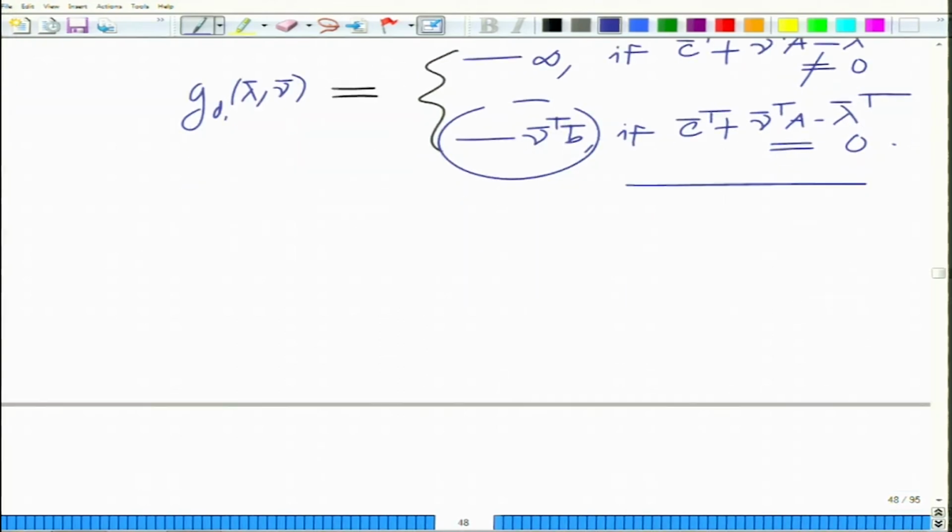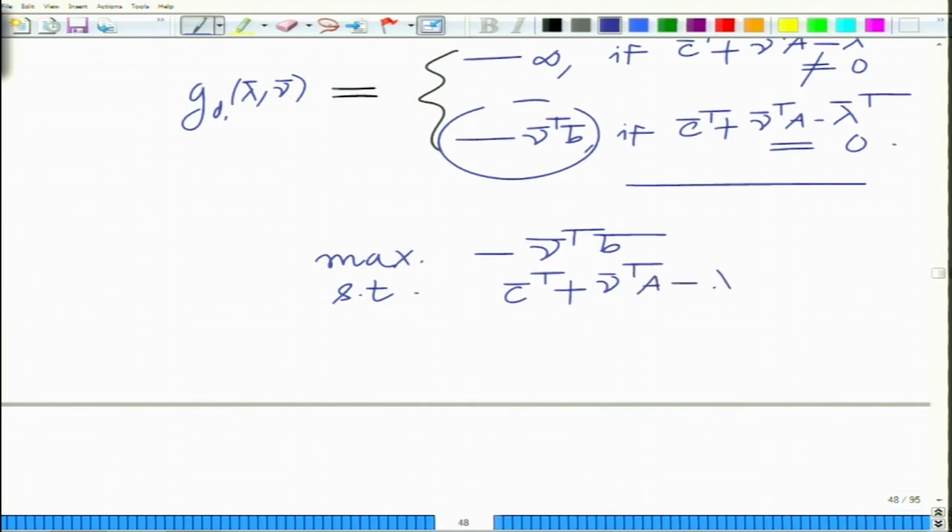So, the dual optimization problem can be equivalently written as: maximize minus nu bar transpose B bar subject to the constraint C bar transpose plus nu bar transpose A minus lambda bar transpose equal to 0, and of course, we always have the constraint that the Lagrange multipliers corresponding to the inequality constraints are component wise greater than or equal to 0, that is each lambda is greater than or equal to 0.